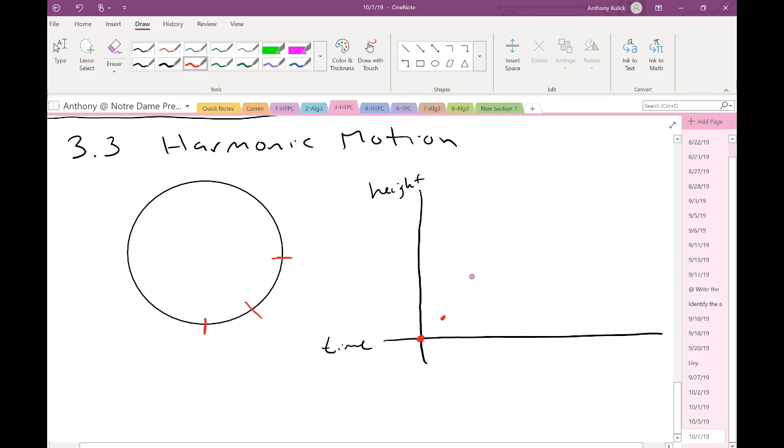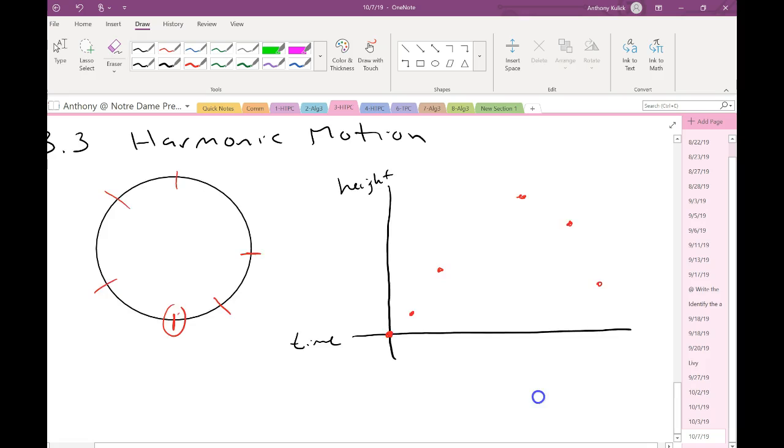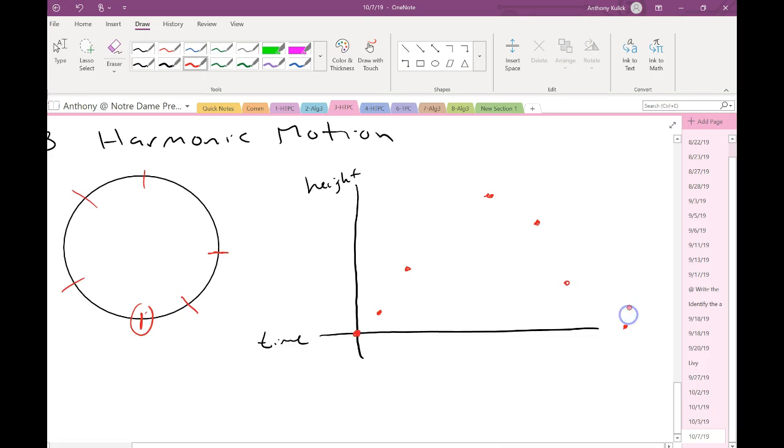It's a little later, and we're a little higher. And maybe we get up to here. This is the highest point at some time later. And then when we're over here, now we're a little bit lower, right? And then maybe we're down here. And then we get back to the beginning. We're back to ground zero.